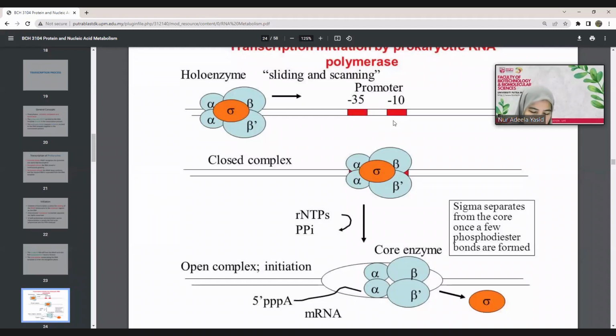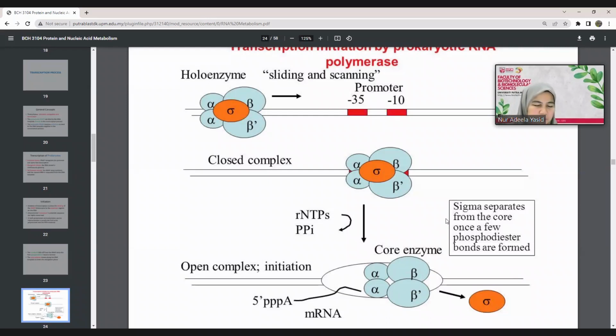The initiation phase ends with the production of abortive transcripts, which are polymers of approximately 10 nucleotides that are made and released. Once it forms a closed complex, the AT-rich region facilitates the unwinding.